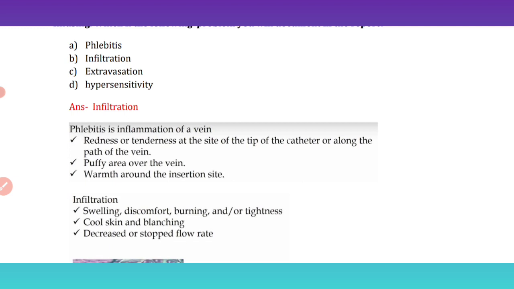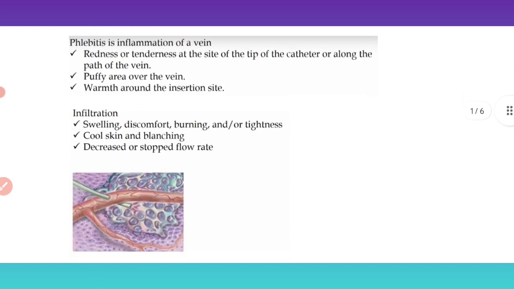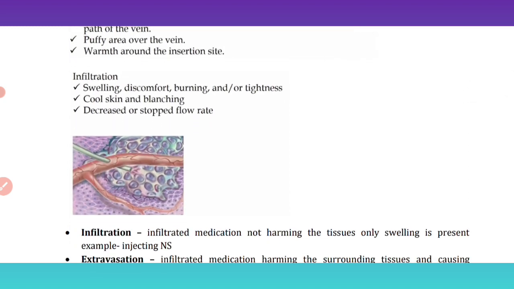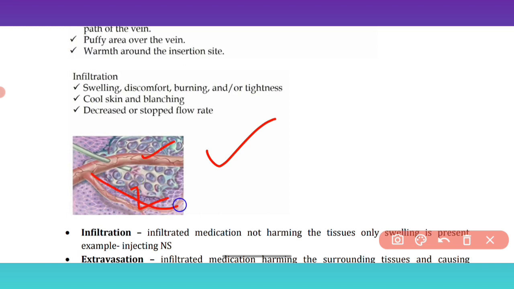And the next one is infiltration. The classical manifestations are swelling, discomfort, burning sensation, tightness, and the very important keywords, coolness and blanching. And if you try to infuse fluid, infusion will not be there. So these are the classical manifestations of infiltration. Here in this image you can see very clearly, this is the vein and these are the tissues.